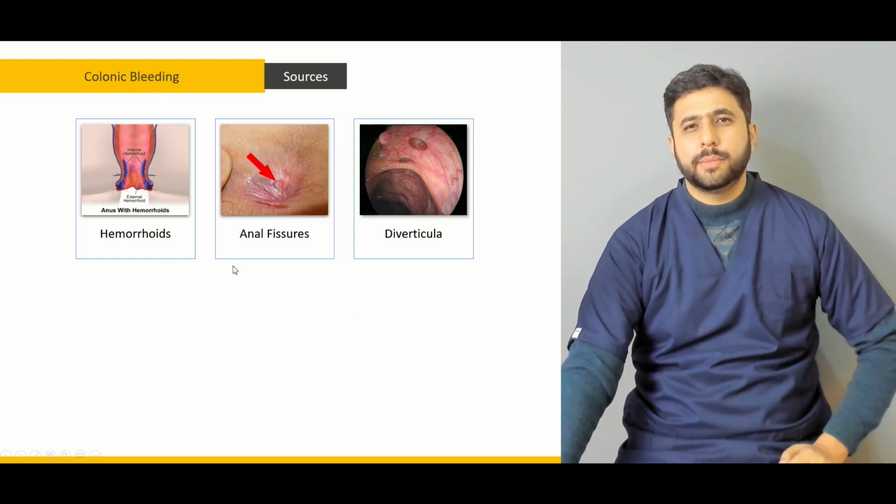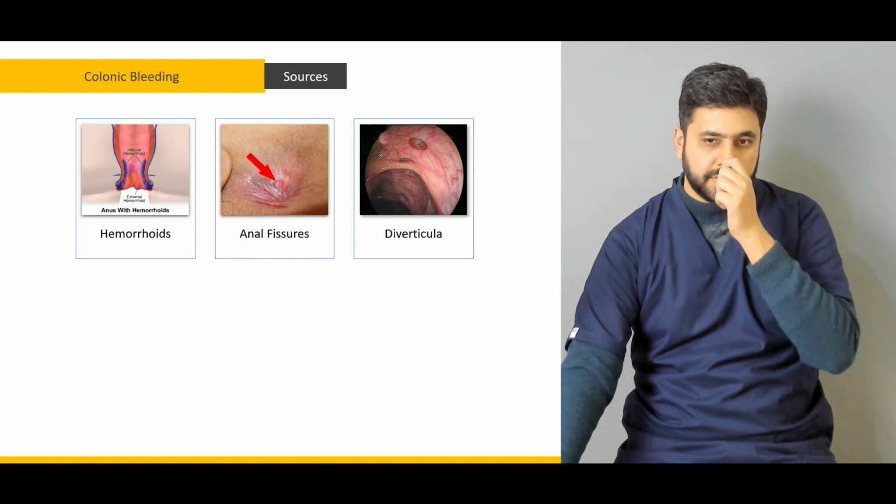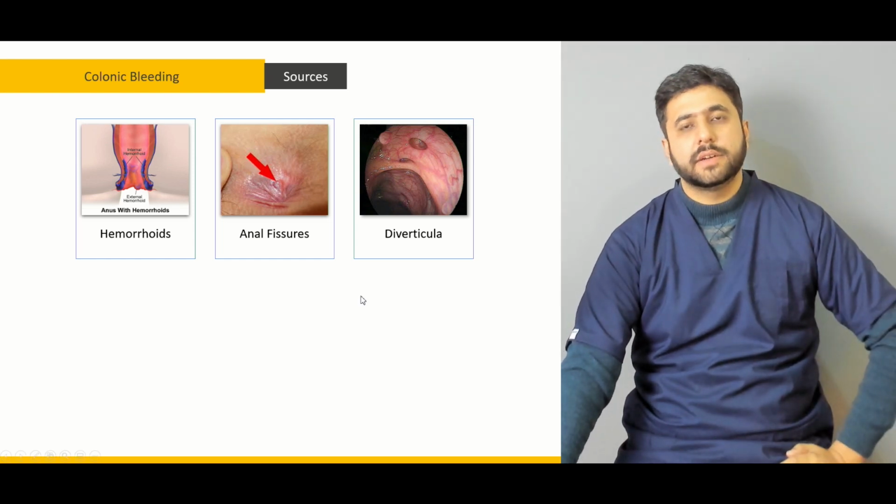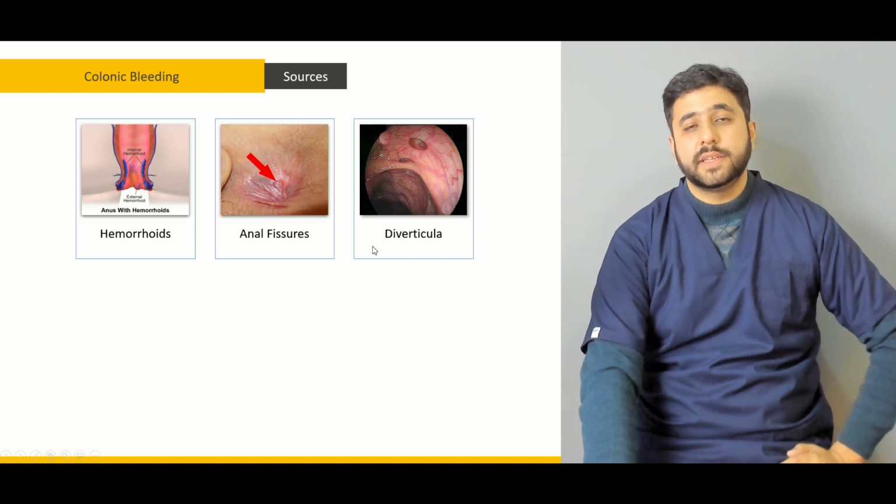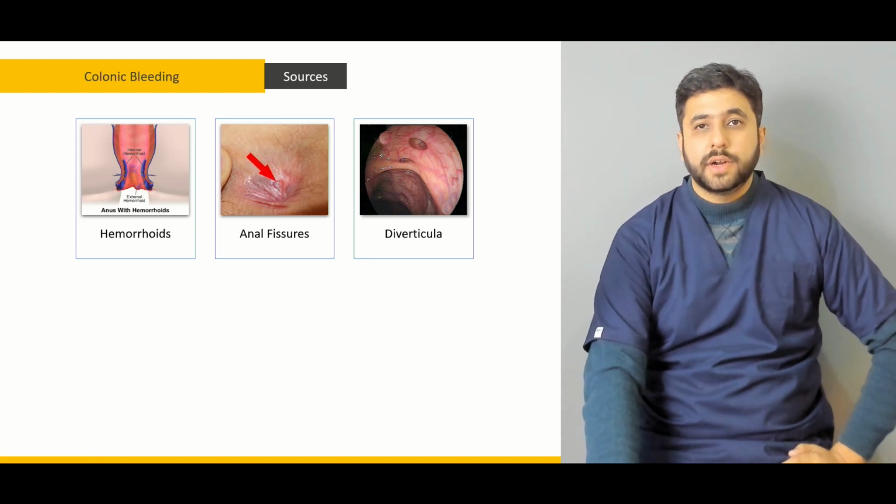They are more common on the right side of the colon than on the left side, and they can also present with occult bleeding. When we do a colonoscopy, we can find these diverticuli, and then we can look at what we can do with them, whether they're infected or not, and how we are going to fix them.